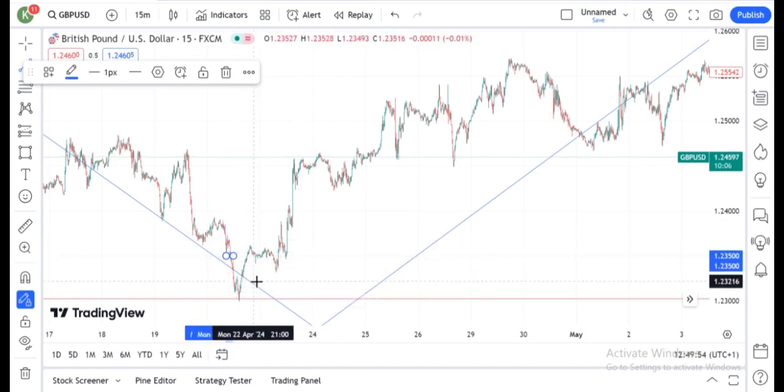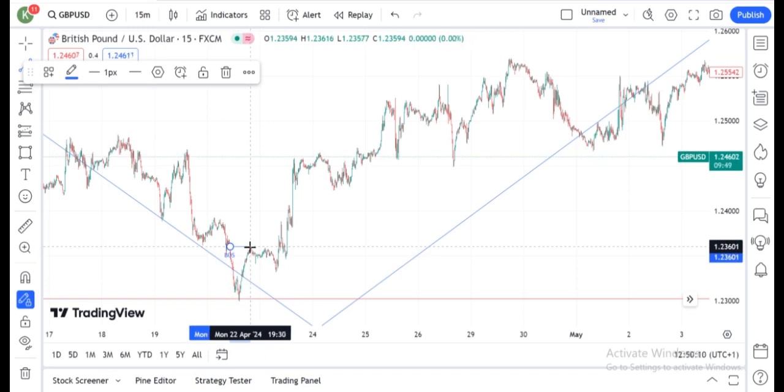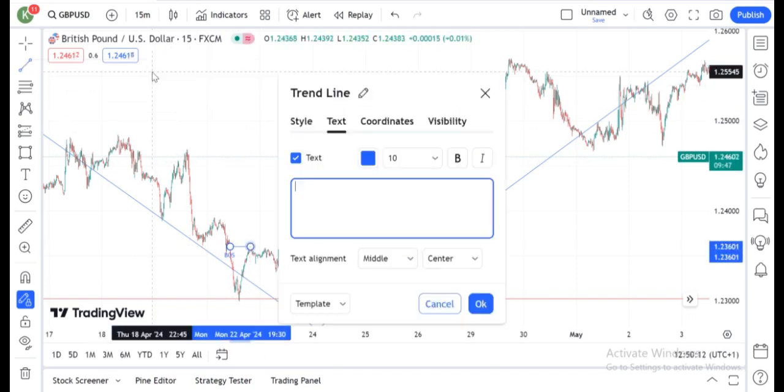So it was when price took out this that we can boldly say that price has changed the character, not here. This can be risky. Okay, so if we say, okay, this was where price changed character by taking out the previous low and giving us a new high, we can call this change of character.